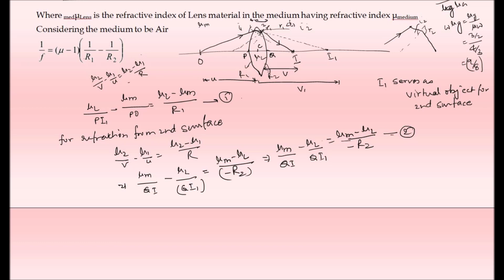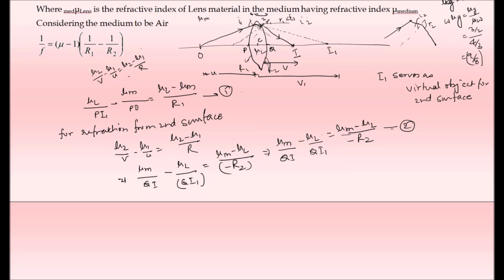Now the image is formed due to refraction from the first surface and the second surface both. So we have to consider the contribution through both surfaces, and for this we just add equation 1 and equation 2.